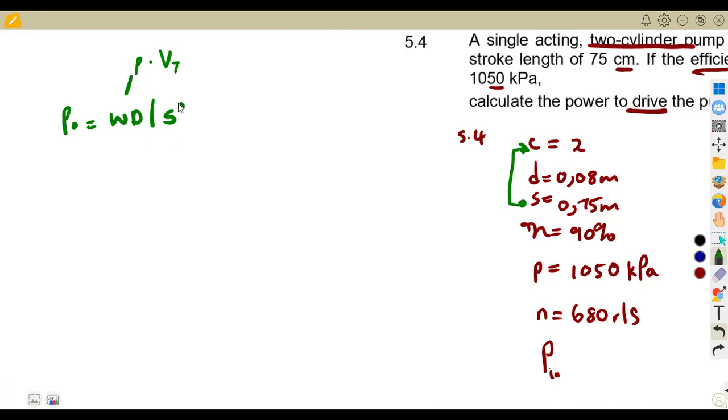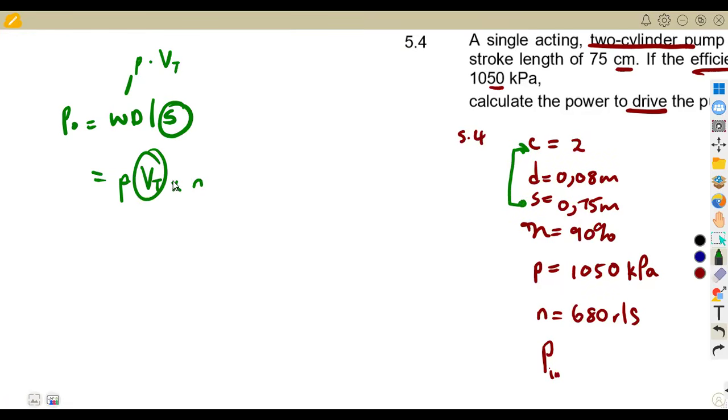But in order for us to have work done per second, it means we must have work done, which is pressure times the total volume times the speed in revs per second. I explained also this one on the hydraulic pump. Times n revs per second to have work done per second. We have joules per second, which is power.